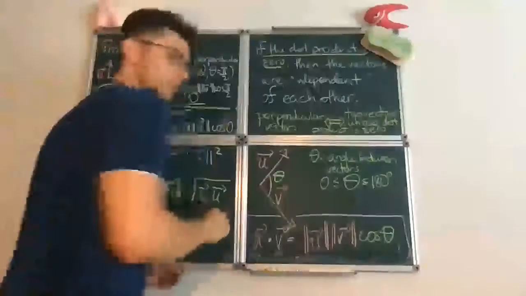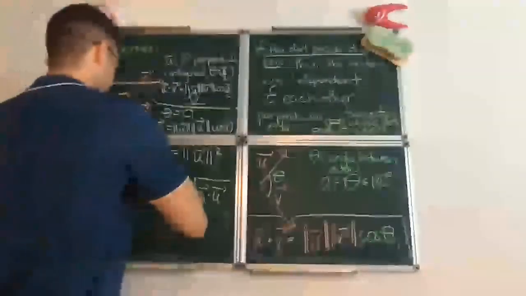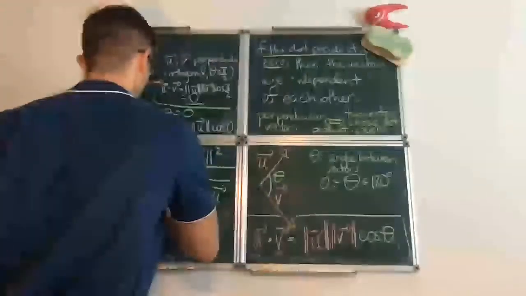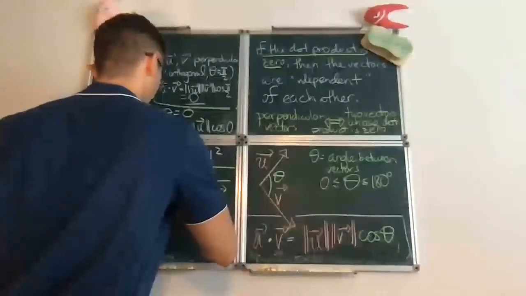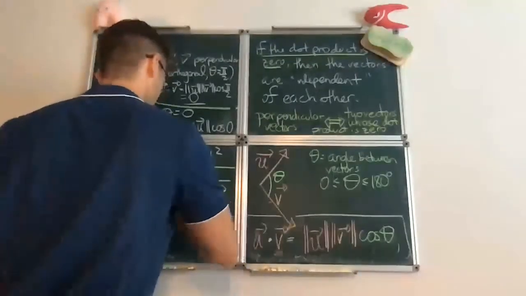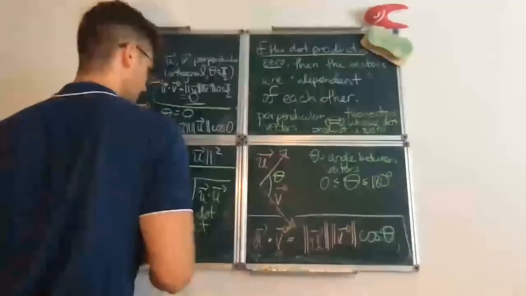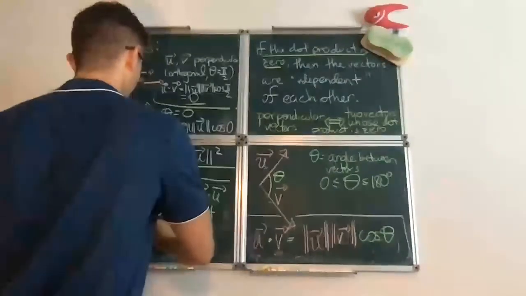So what this is saying is that you can use the dot product to find the norm of a vector.